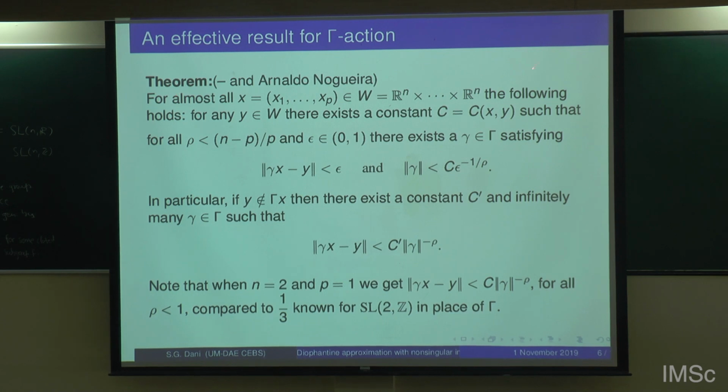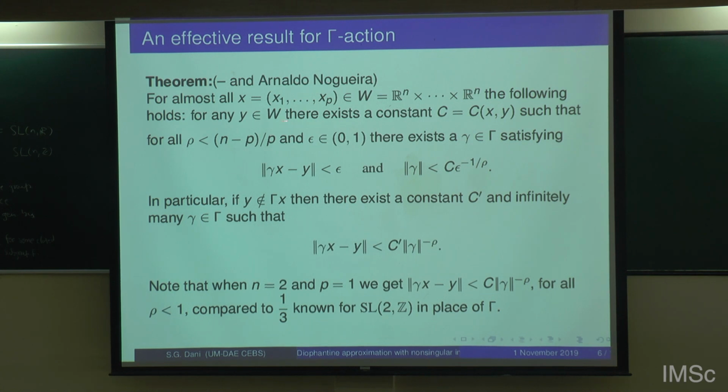I'm going to say more about what this almost all stands for. It's not almost all in the general measure theoretic or ergodic theoretic sense, but it's a more specific set. But for the moment, let's just say that for almost all P vectors x1, x2, xp, the following holds. We can answer the question that we have in mind in the following way.